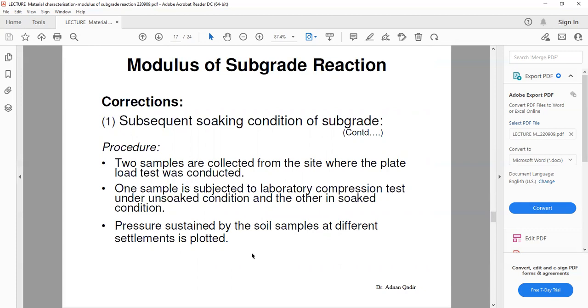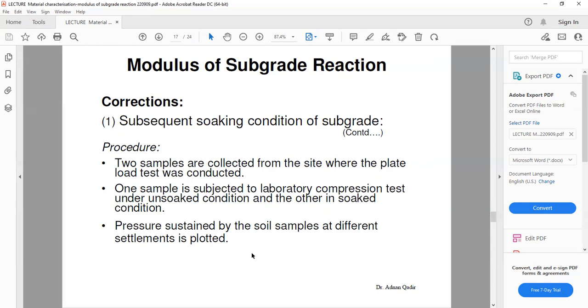One is evaluating the modulus of subgrade reaction under soak condition. We all know that the reaction values of the soil become less when it is in soak condition. Two samples are collected from the site. When you have completed the load test, one is subjected to a laboratory compression test under unsoaked condition, and the other in the soak condition.